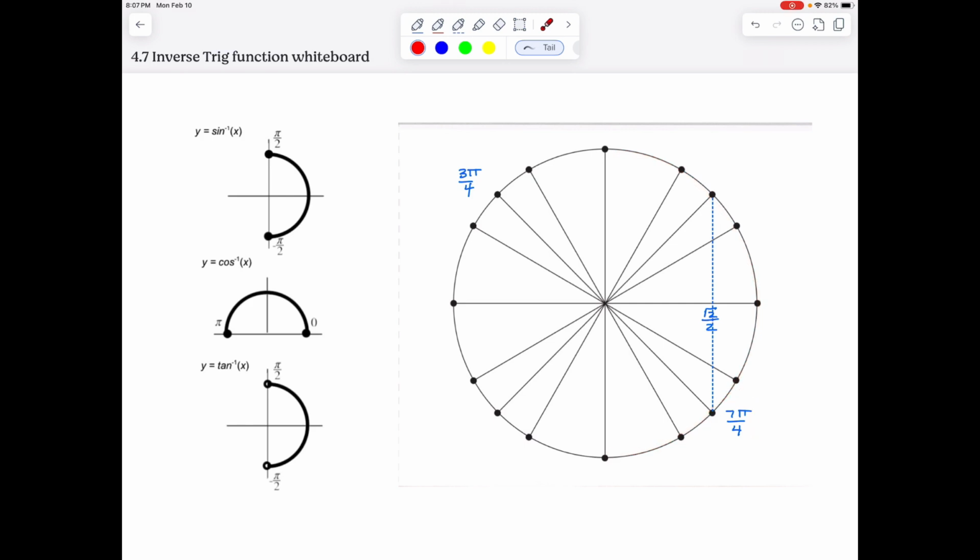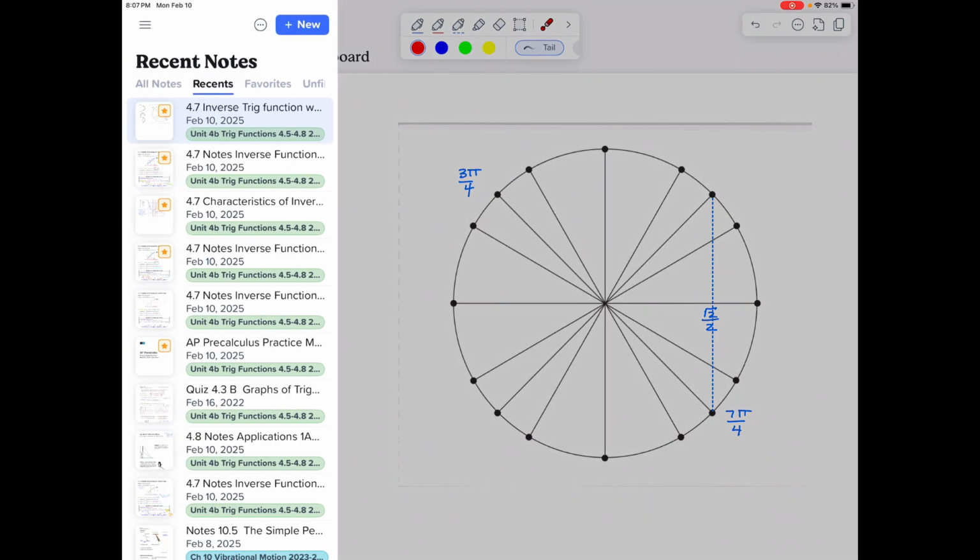We've got to be careful, though, because 7 pi over 4 is not a number that is within this range. It's bigger than pi over 2. It's really like going around like this. So we got to write the 7 pi over 4 as a negative pi over 4. So that's how we're going to report out that value.